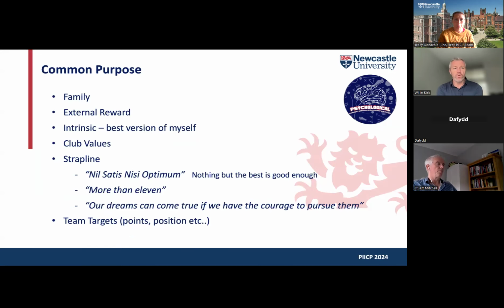So we try and find a common purpose. Now, this is a number of them. Again, they all have their own complexities, but they will all be probably fairly consistent amongst some of the group. Probably not all of the group, but definitely some of the group. So family is always one that we find as a commonality across a number of the squad.